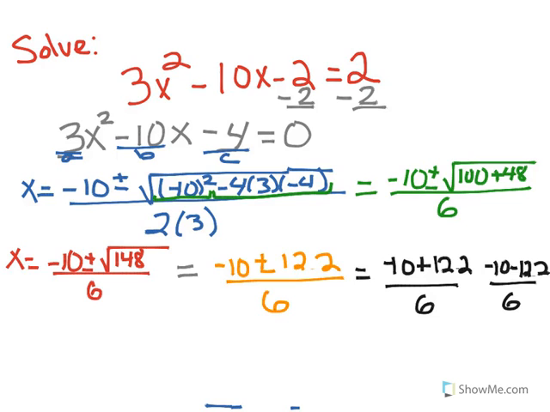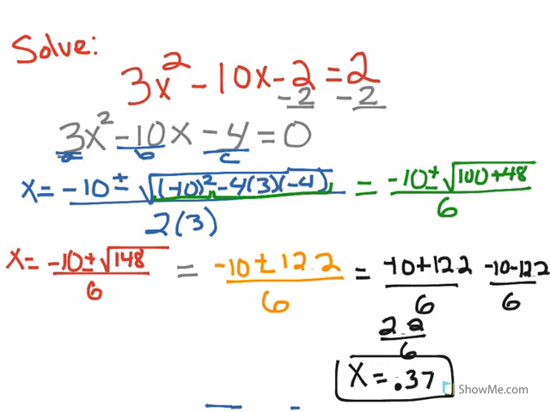So if we do -10 plus 12.2, that would be 2.2 divided by 6. So in our calculators, we're going to do 2.2 divided by 6, and we will get an answer of 0.36 where the 6 repeats, so we'll just go with 0.37. That is one of our x-intercepts.